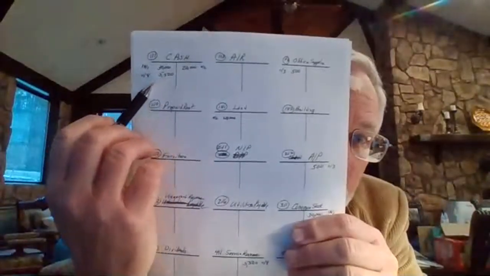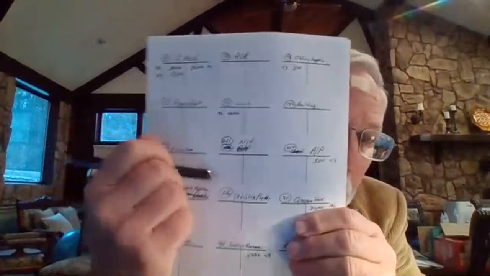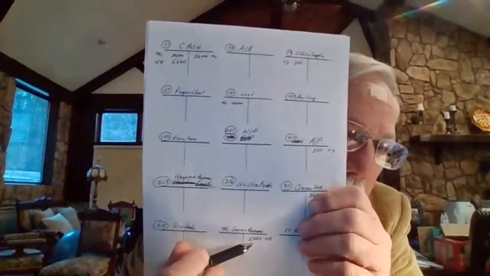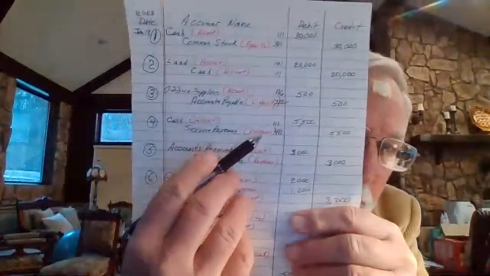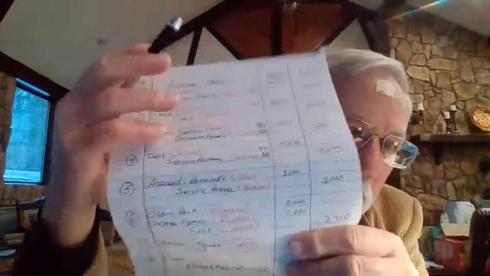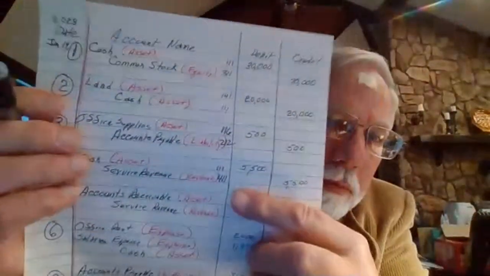So from the journal entry, I got a debit to cash on November 8th, and service revenue gets a credit on November 8th for $5,500. Cross-reference the account number to the general journal to signify that it has been posted.